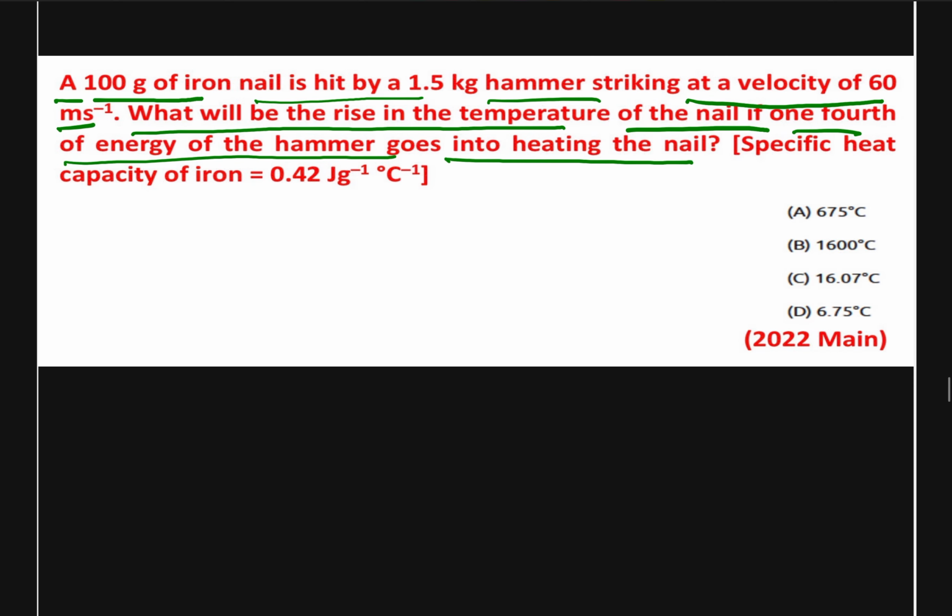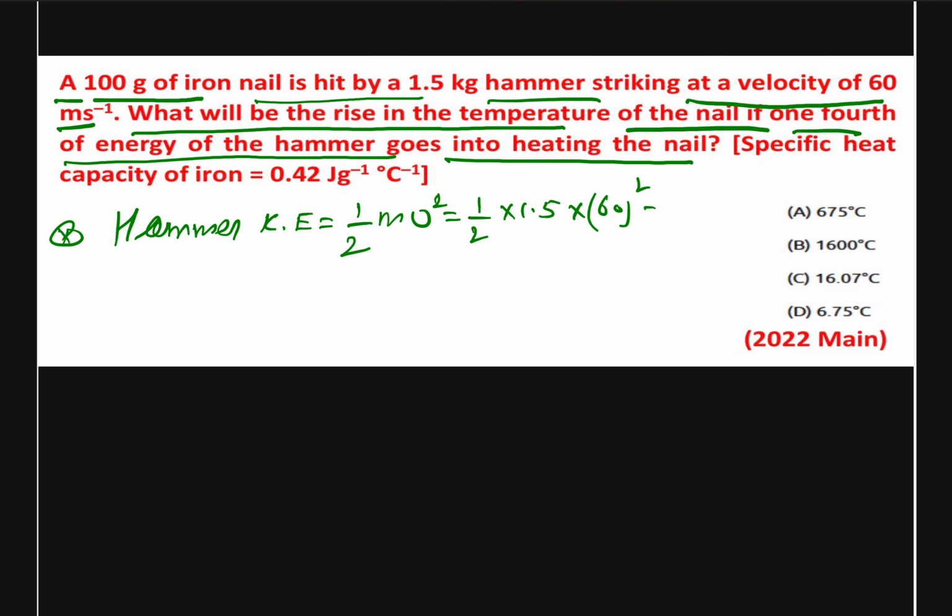Therefore, we can say that the hammer kinetic energy is half mv square, which comes as half times 1.5, velocity is 60 whole square, and this comes as 2700 joules.